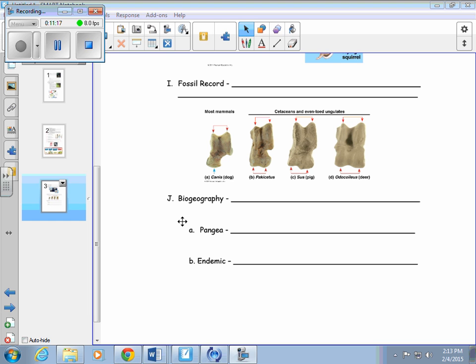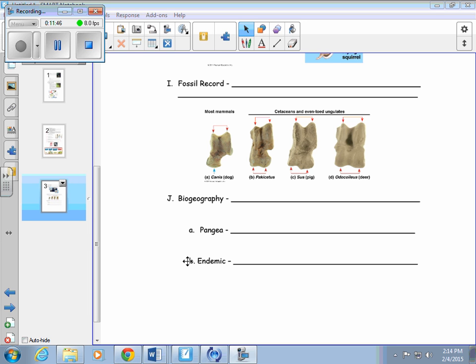From there, continental drift and plate tectonics and earthquakes and the movement of the Earth's crust has moved all those continents into their current location. But because they were once together, the movement of organisms can be trailed back to when they were once one continent.